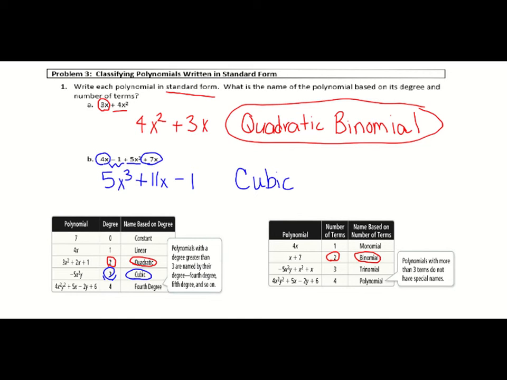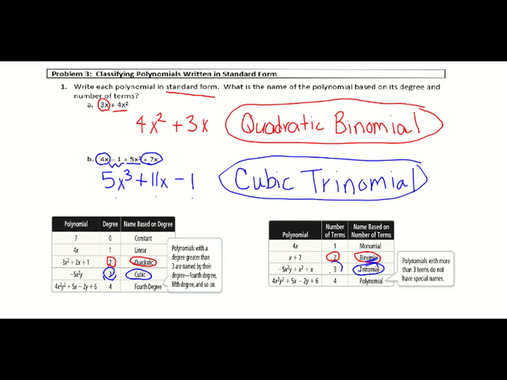And how many terms did it have? 1, 2, 3 terms. So 3 terms would make this a trinomial. So 5x cubed plus 11x minus 1 would be known as a cubic trinomial.